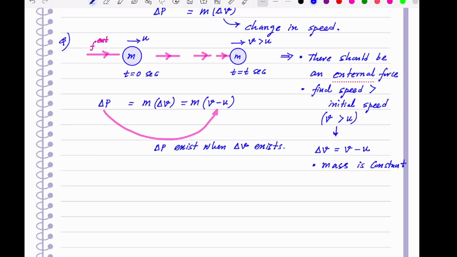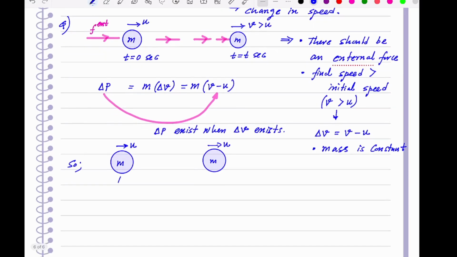So if you have a system like this, mass m here, initial speed is u, and final speed also u. Now for this case, let me say t is equal to 0 and t is equal to t.